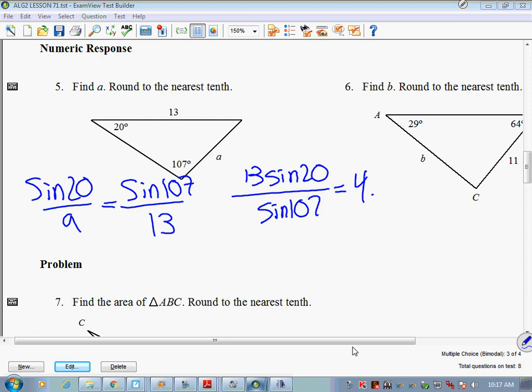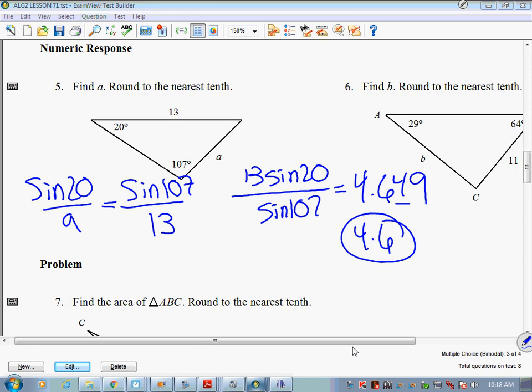Give me like 3 decimal points. Don't round it yet. 4 point what? 4.649. Okay, so usually that 9 rounds up to a 5, that 5 rounds that 6 up to a 7, but they're just wanting you to look at this, which means they're going to leave it as 4.6. Okay, I know that's confusing. I probably would have rounded it up to 4.7 as well. But they're going to leave that as 4.6.